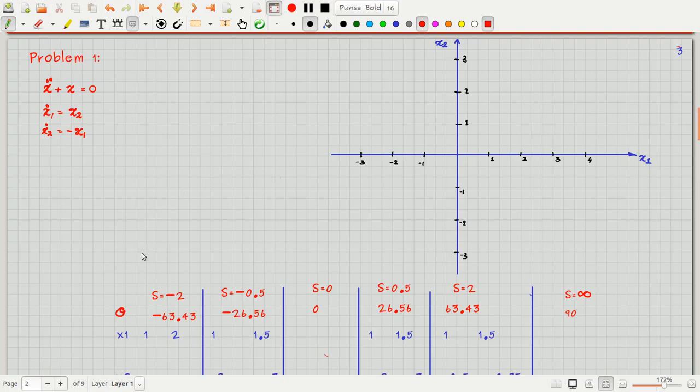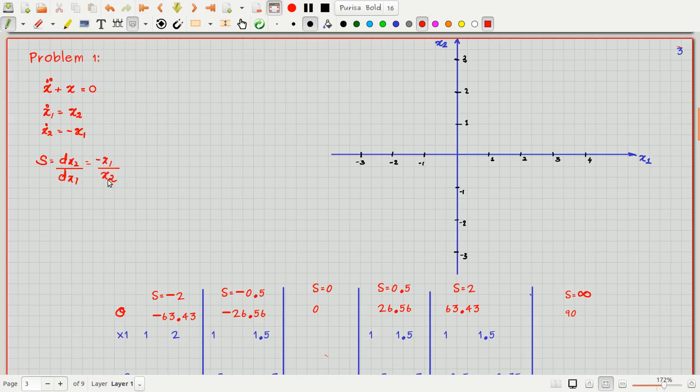So what we are going to do is draw some isoclines first. In order to draw the isoclines, we have to find the relation between x1 and x2. S is equal to dx2 by dx1, that is minus x1 by x2.